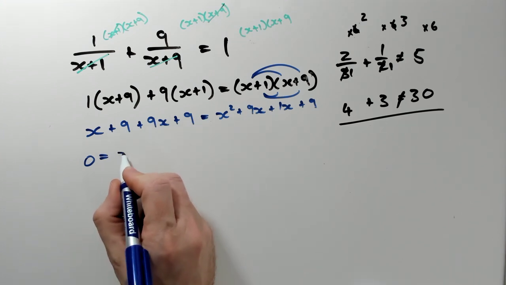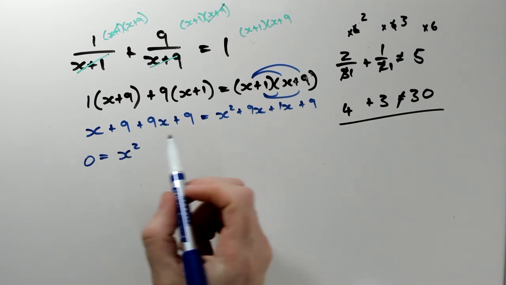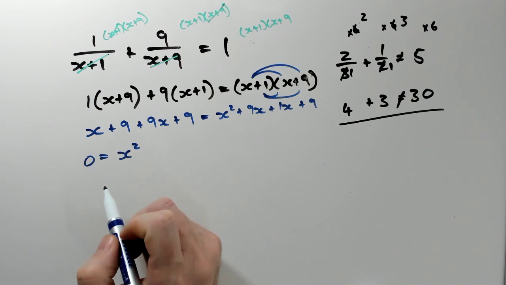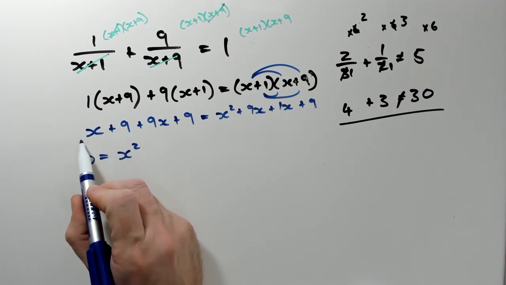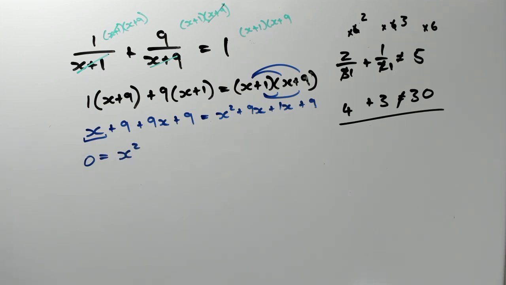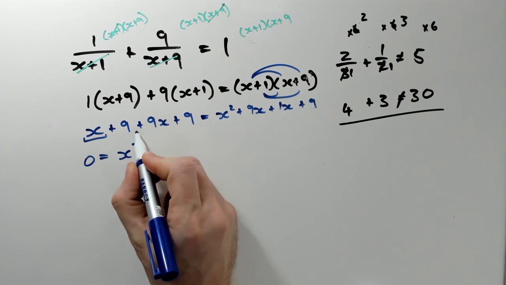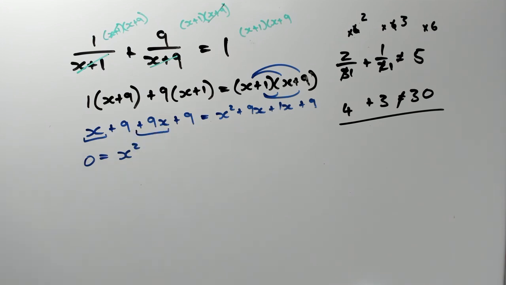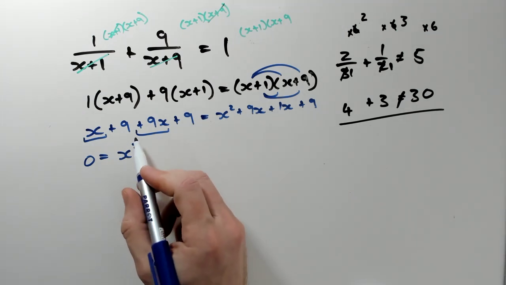So I'll start with x squared here, but let's not work too fast. So this is x, and this is 9x. So that's 10x.